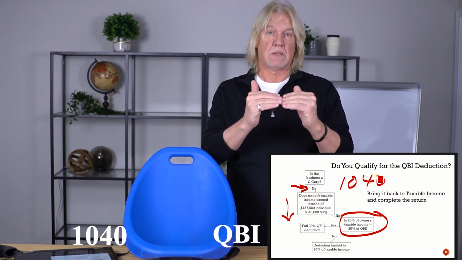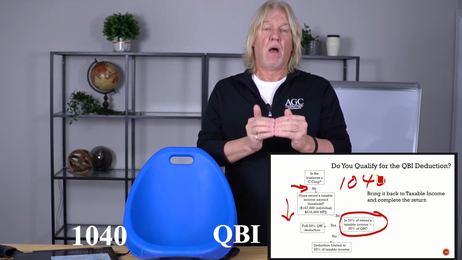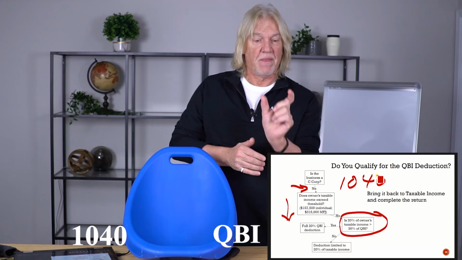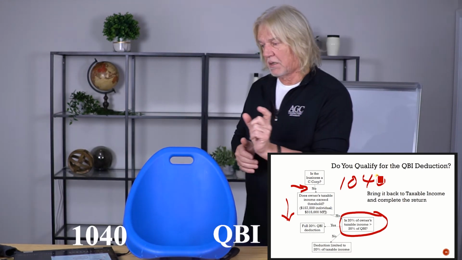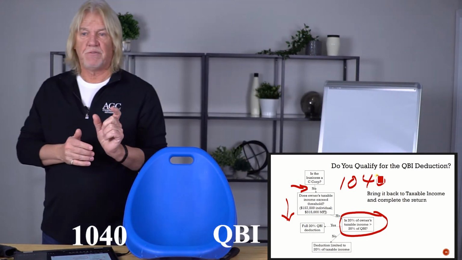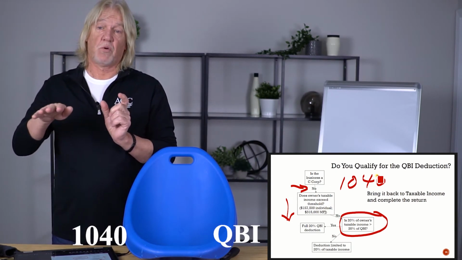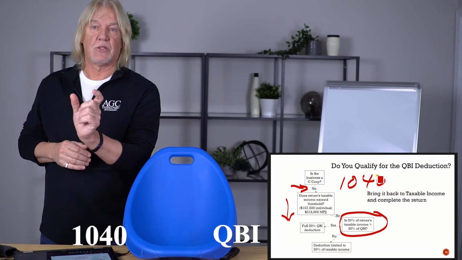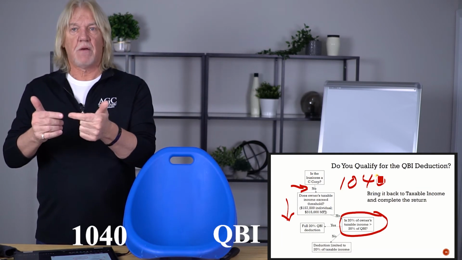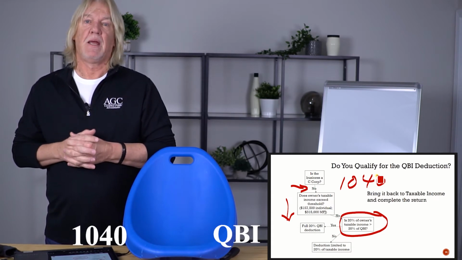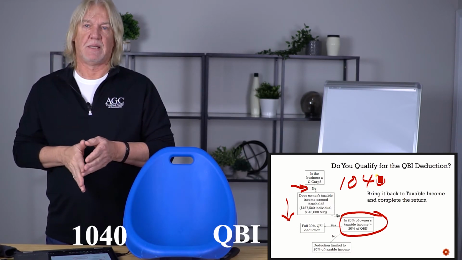Whichever is less is going to become our QBI deduction. We're going to take that QBI deduction, that number, and go over here on the 1040 where it says taxable income before QBI. We're going to put that deduction on there, subtract it off of taxable income, and guess what? We complete the 1040 as though QBI never existed.